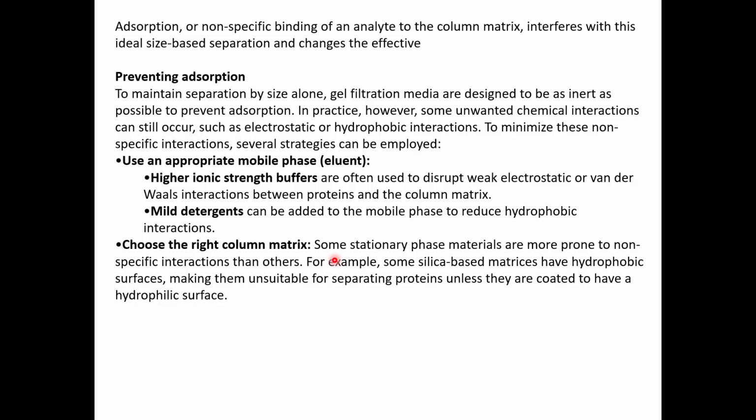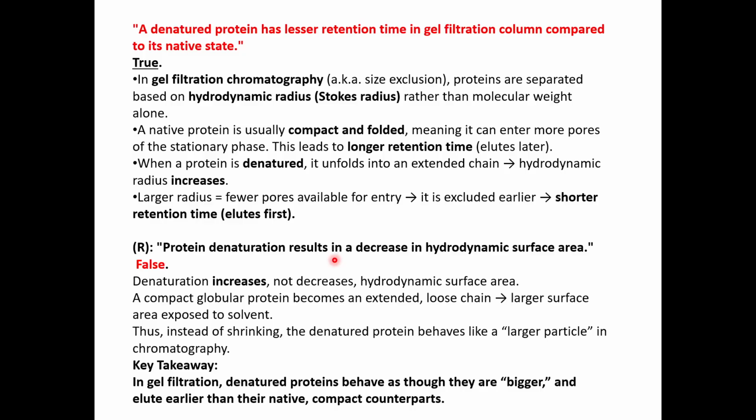For example, some silica based matrices have hydrophobic surfaces, making them unsuitable for separating proteins unless they are coated to have some kind of hydrophilic surface. So you can make such alterations in your matrix or in your buffers to avoid this kind of adsorption based problem. Next is again an assertion and a reason.